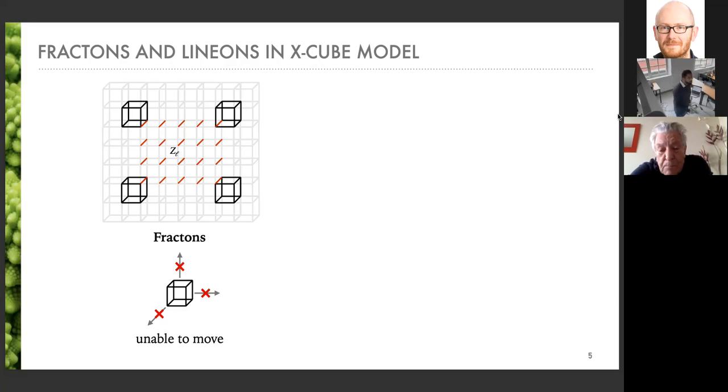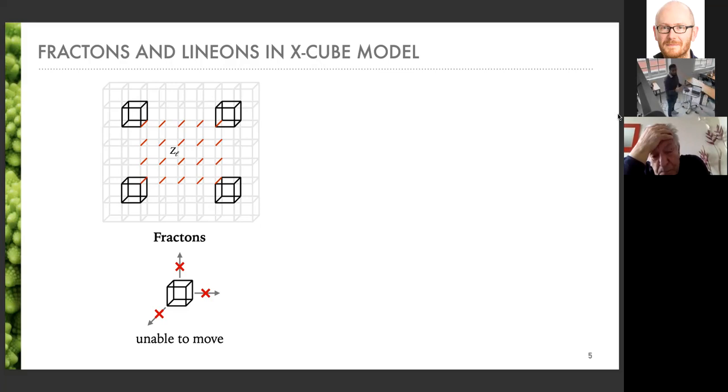So in other words, there are no local operators that you can act around a fracton that will move the fracton. This is what people really mean when they say fractonic excitations. On the other hand, you could imagine moving 2 fractons together. For instance, there is this operator, and I take another copy of this operator and put it here. It will again create 4 excitations, annihilate the 2 excitations here, and create 2 excitations here.